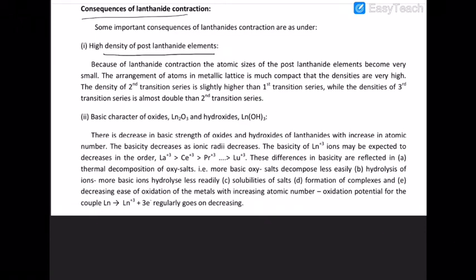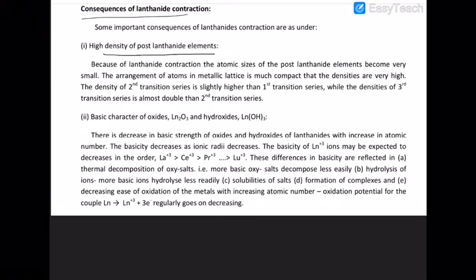Then what happens due to lanthanide contraction? In the same group, the post-lanthanides have smaller atomic size in comparison to pre-lanthanides, like hafnium and zirconium. They have the same atomic size despite a difference of 32 elements in between.